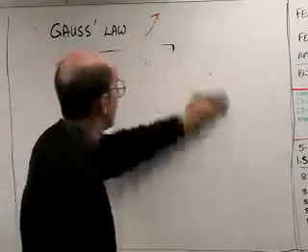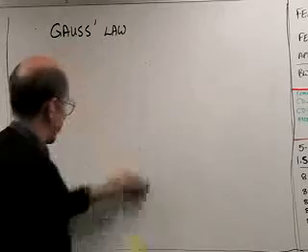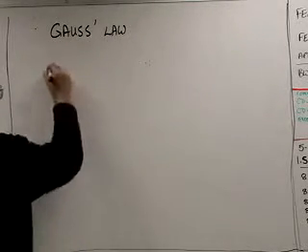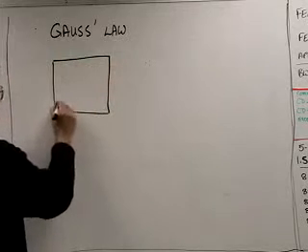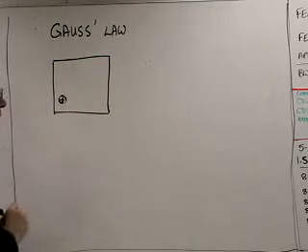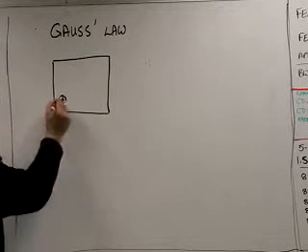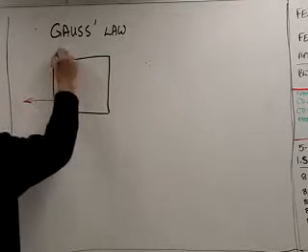Let's take another example. Let's just take the case of one charge in a box. So if I have one positive charge, I know from Coulomb's law that the field lines ought to look like this.